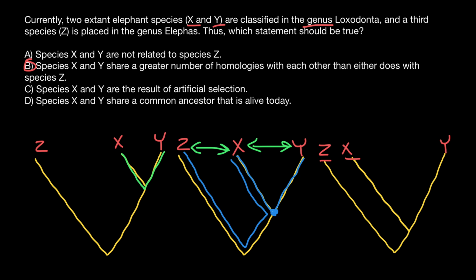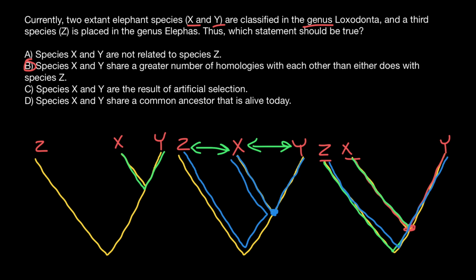But again, if we compare the distance from species X to Y, and here is going to be a common ancestor, this triangle is much smaller than, for example, between species X and Z. In other words, the distance is going to be the same as between species Z and Y. So as you see again, this triangle is much smaller than this triangle or these paths, which are going to be the same length as this triangle.